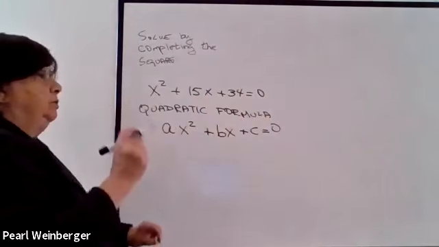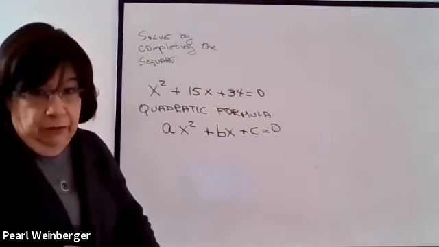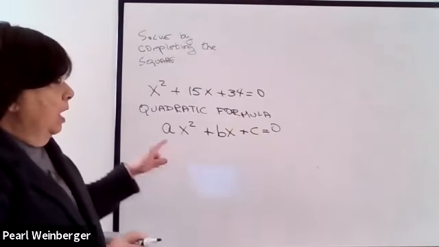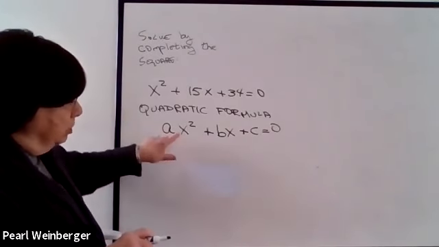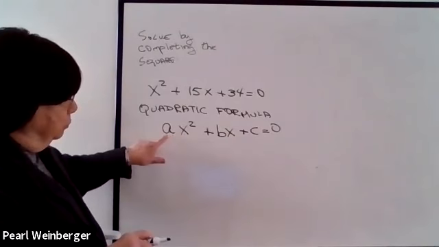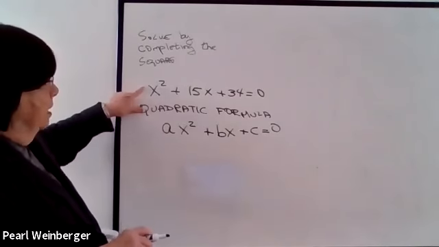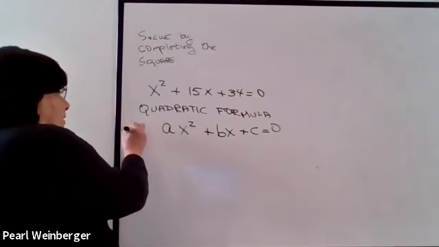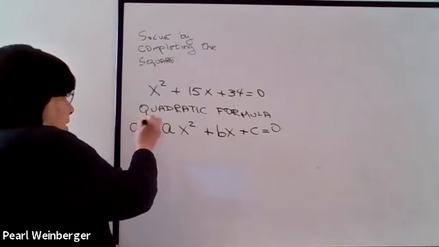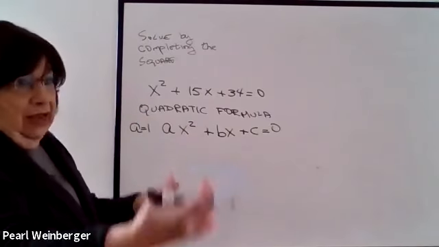In order to use the formula, we always have to have it equal to 0. We call the number in front of the x squared our leading coefficient, and we call that a. In the question we're doing, my a is equal to 1.